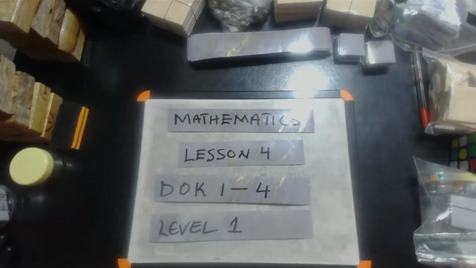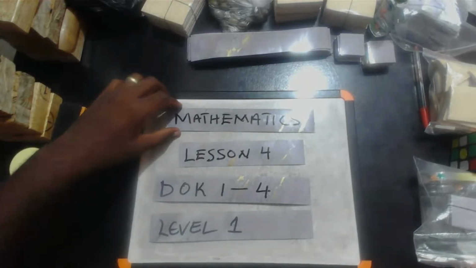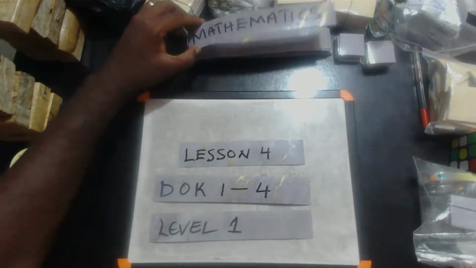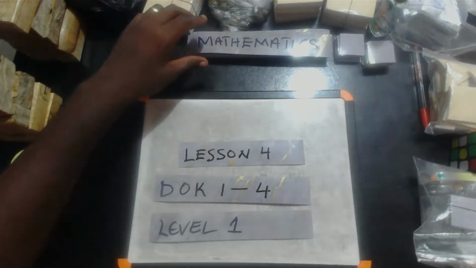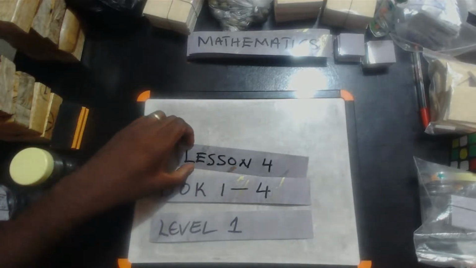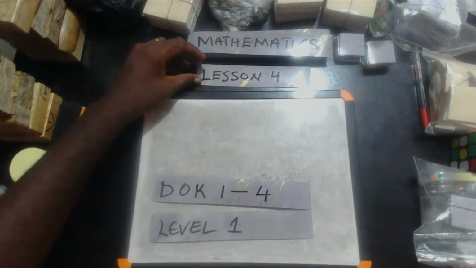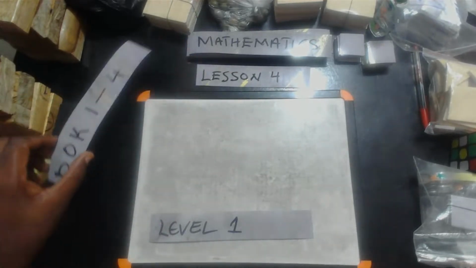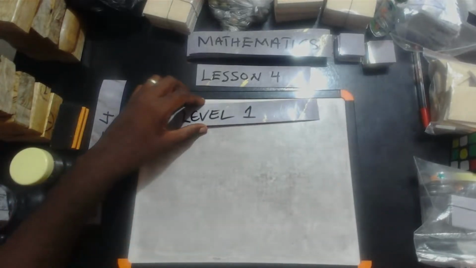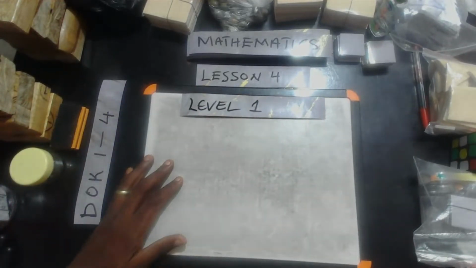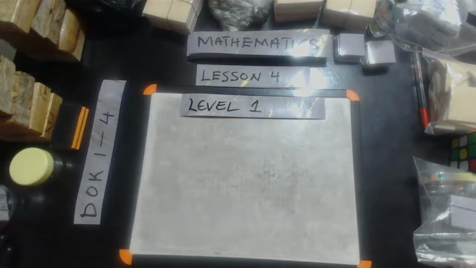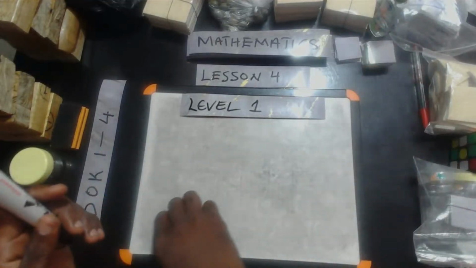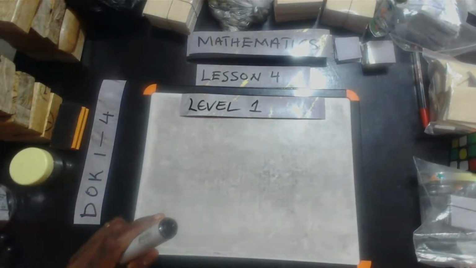Level 1 questioning. So let's put the mathematics here at the top. At least we know what we're about. Yes, lesson 4 can register here. So the DOKs level 1. And level 1 requires that we look at very simple concepts here.